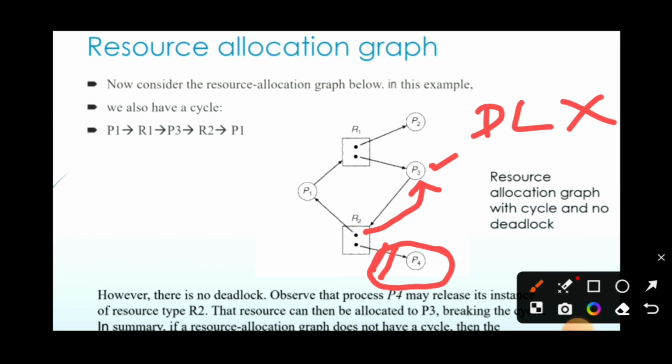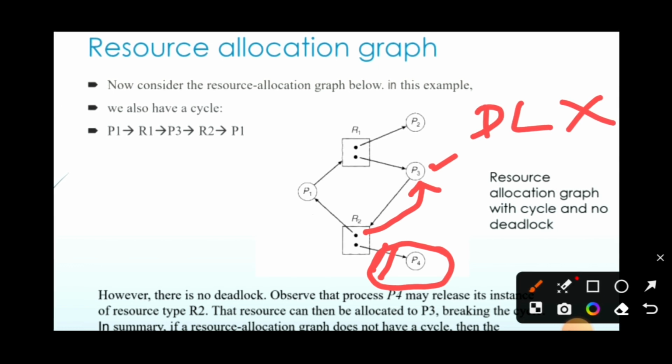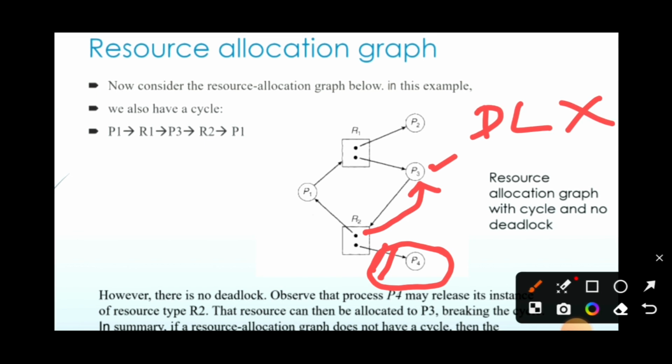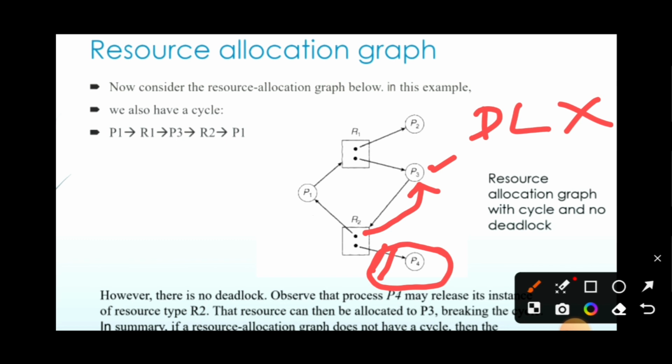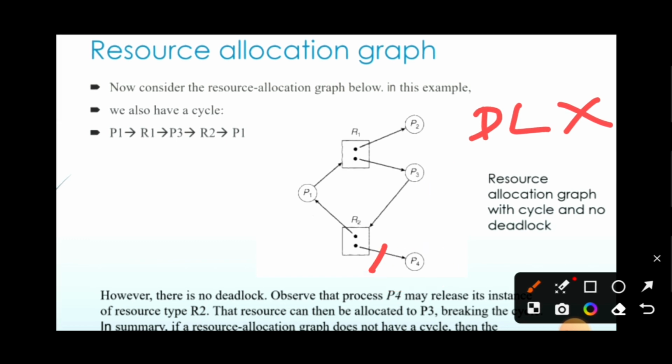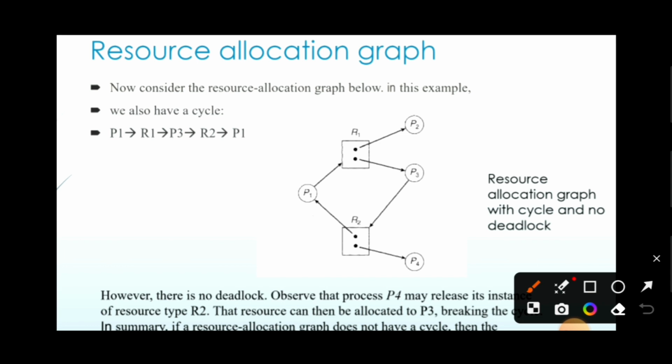That is why I said that when there is a cycle, it is not sure that there will be a deadlock, but there is a possibility of deadlock. So, a cycle is a necessary condition for a deadlock. That means if there is a deadlock, there will be a cycle for sure.